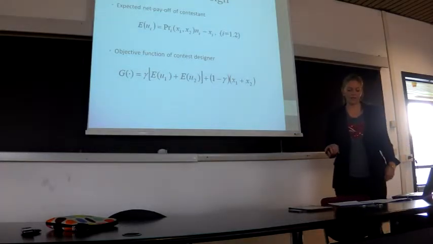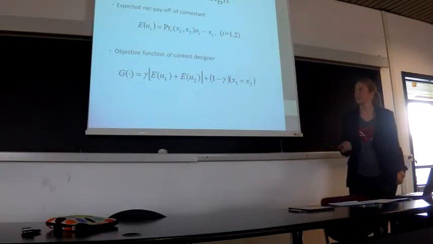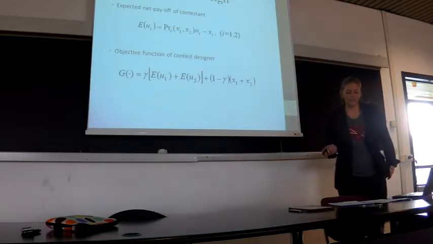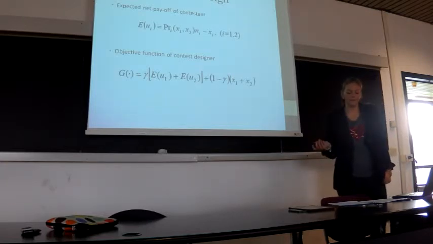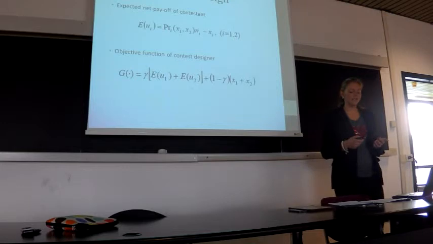So the designer is assumed to maximize this function by setting the contest success function given the Nash equilibrium efforts of the contestants. So his particular choice of the CSF together with the corresponding efforts of the contestants constitute the equilibrium of the contest. So whether there is a contest or not is up to the designer.